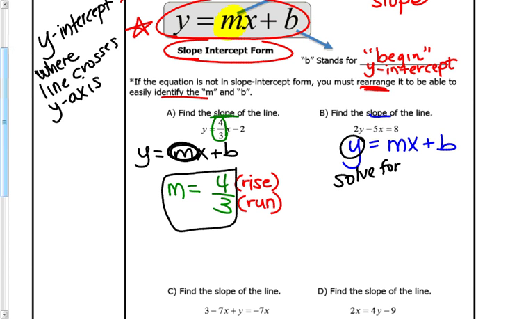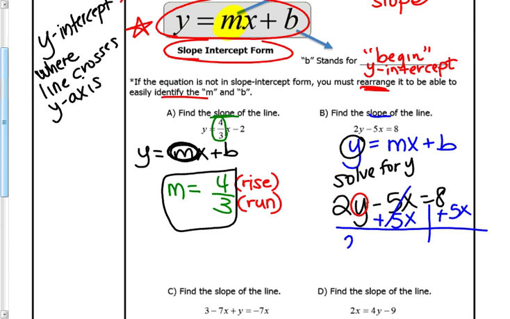Solve for y. So if I look at 2y minus 5x equals 8, how would I get y by itself? You might remember what we would have to do is move negative 5x over, right? So we would have to add 5x to both sides.